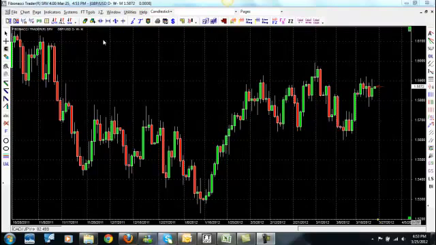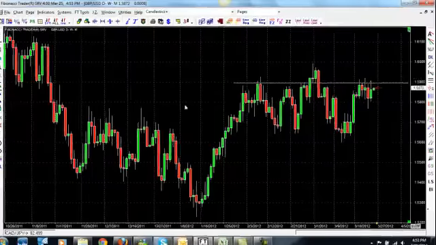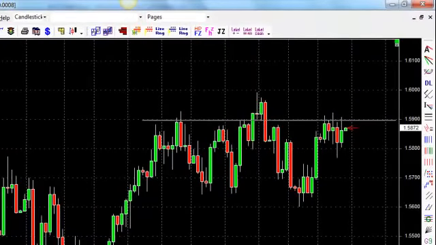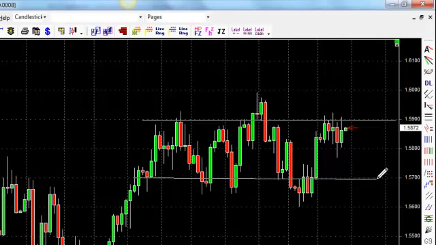We have the pound dollar daily chart, and what I want to do is show you where we're at right now. You can see here that price on this pair has been trading in this range for the last 2 months. There's also been a little bit of range action in here.